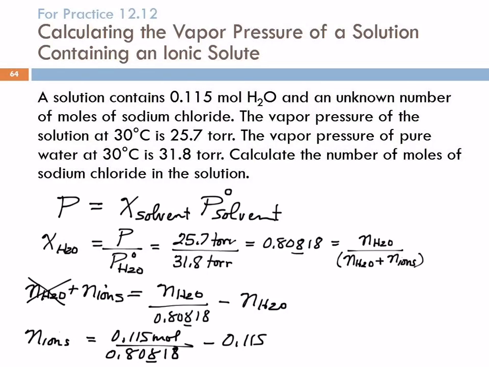So 0.115 divided by 0.80818 equals, and then subtract 0.115. So I get 0.027295 moles of ions.